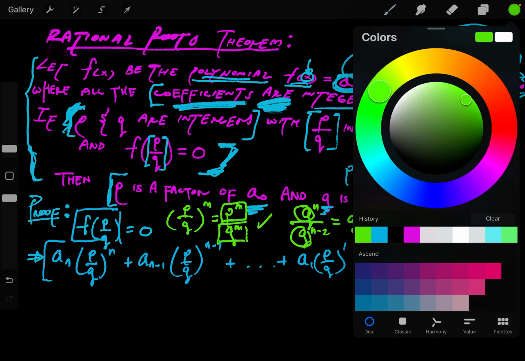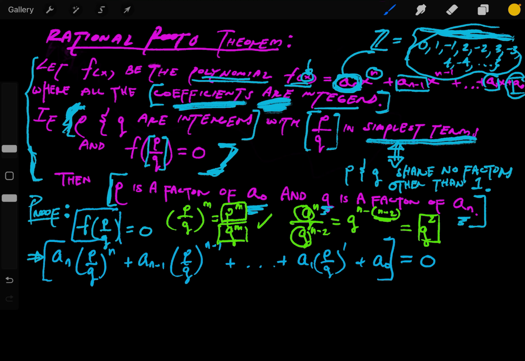So the next thing I want to do is multiply this whole polynomial by q to the n on both sides. We want to keep in mind that q is an integer, but we'll worry about that in a second. So q to the n over here, q to the n over here, times this whole thing.